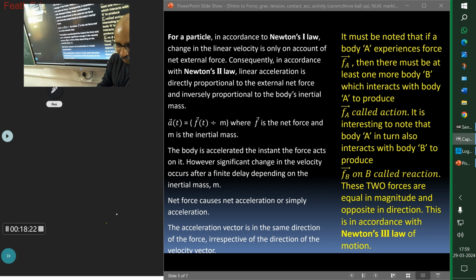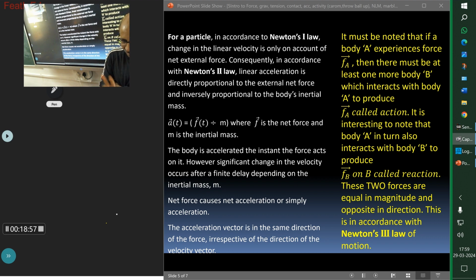If body B is applying force on body A, that means it is interacting with A, then automatically body A will also interact with body B. So if body B is applying force on A, then A will automatically apply force on B. Now here in this word, I am considering bodies which are not living. You understand the definition of body there? It is just a collection of particles.